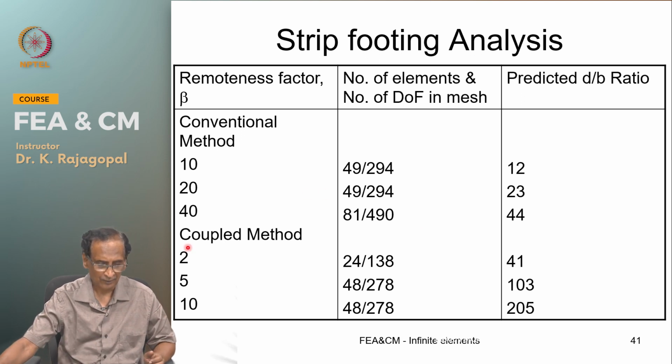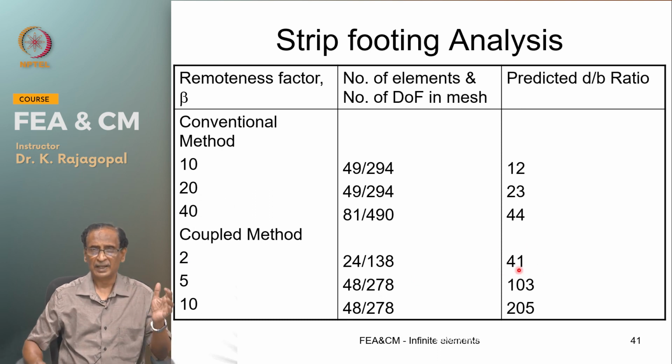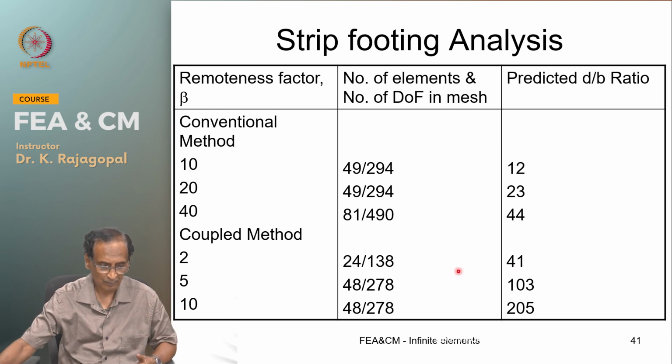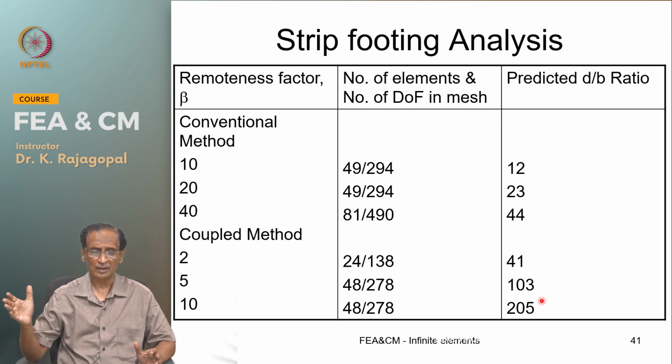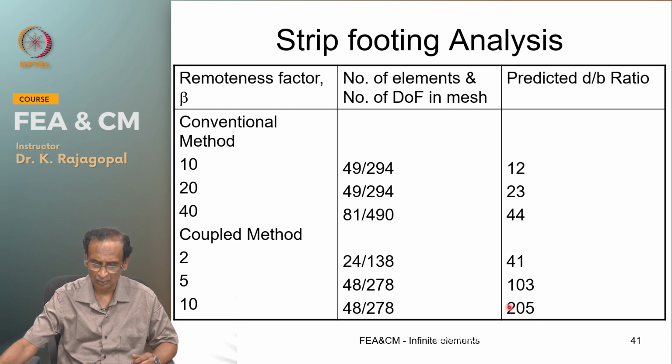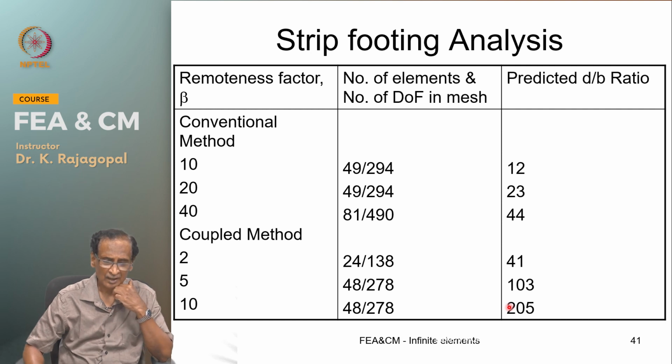But if you use a coupled method, placing the boundary at 2 times the footing width is equal to placing the boundary at about 40 times the footing width, and if you place the infinite elements at 5 times the footing width, it is equivalent to fixing the boundary at 103 times the footing width.